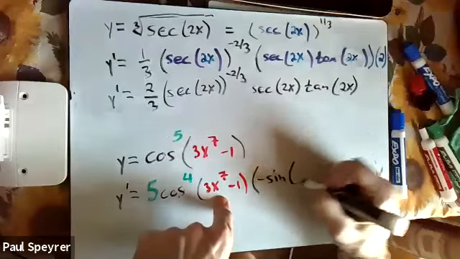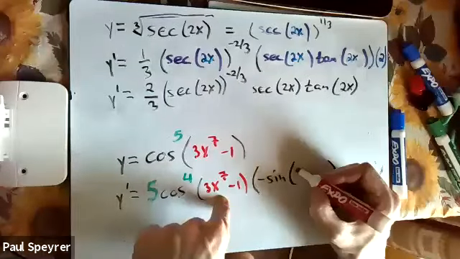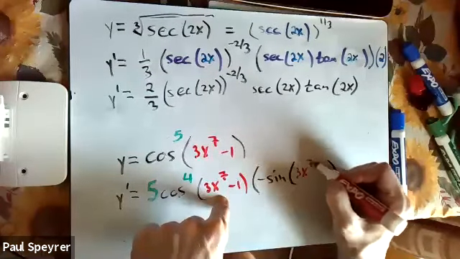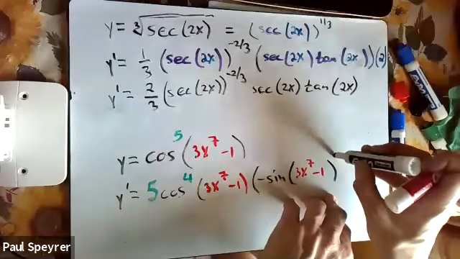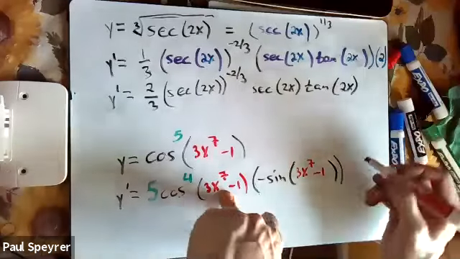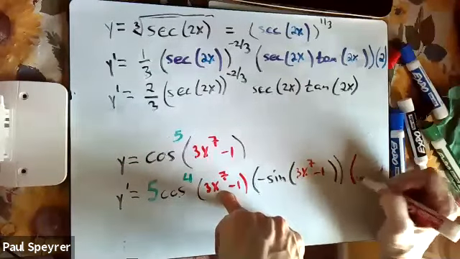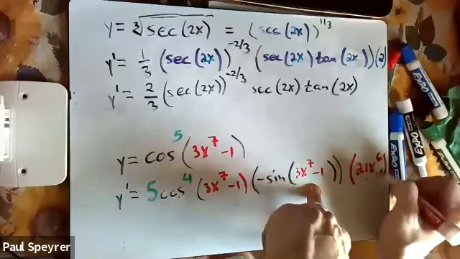And we still have everything else on the inside of it. So there's still 3x to the 7th minus 1. And then finally, we get to the red. We can derive the innermost piece, the 3x to the 7th minus 1. What's the derivative of that? It is 21x to the 6th.